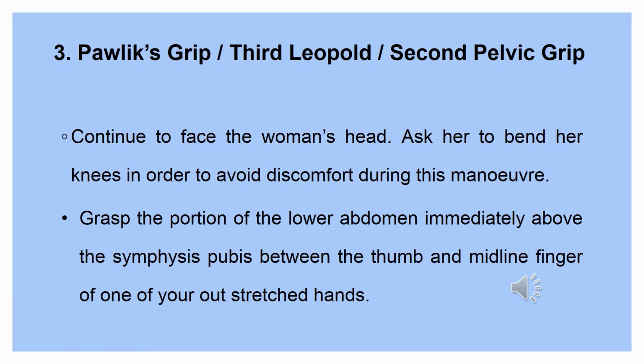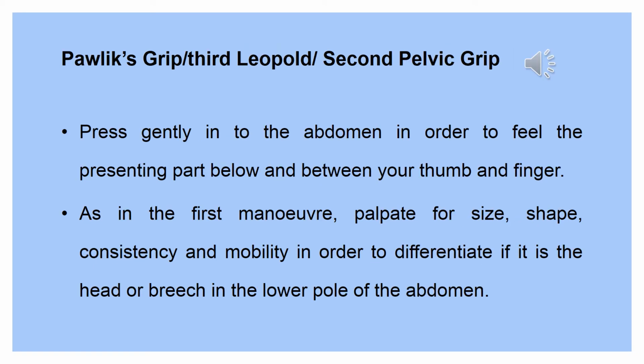Grasp the portion of the lower abdomen immediately above the symphysis pubis between the thumb and the middle finger of the examining hand. Press gently into the abdomen in order to feel the presenting part below and between your thumb and the finger.